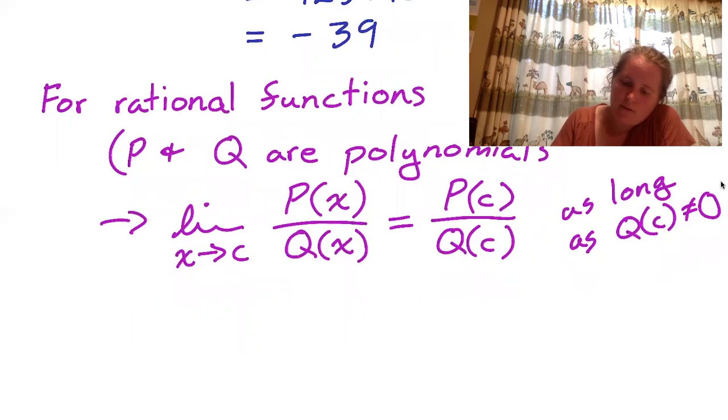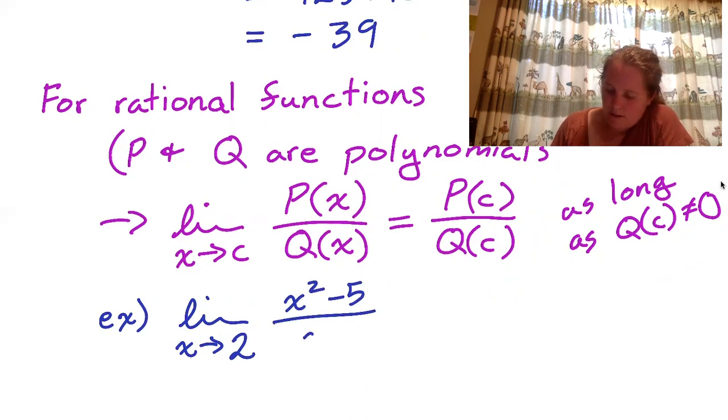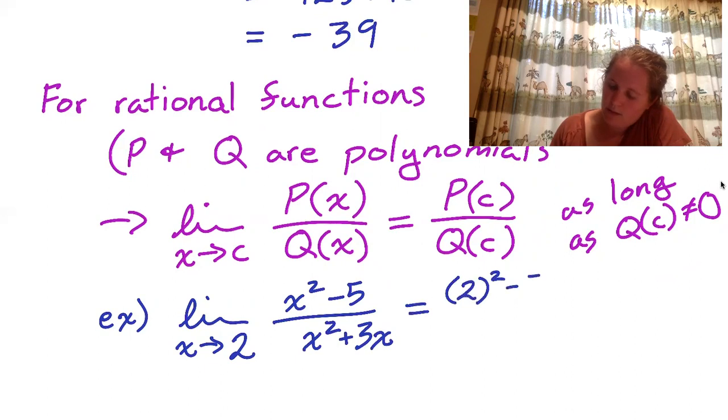So again, for a quick example, if we wanted the limit as x approaches 2 of x squared minus 5 over x squared plus 3x, we can just go ahead and plug in 2. So we have 2 squared minus 5 over 2 squared plus 3 times 2.